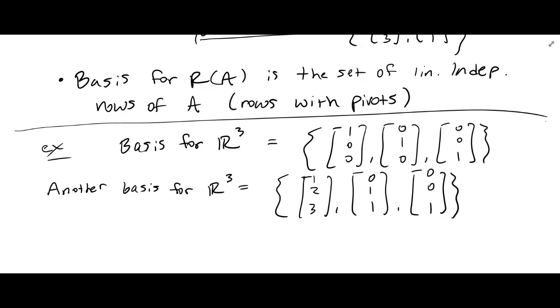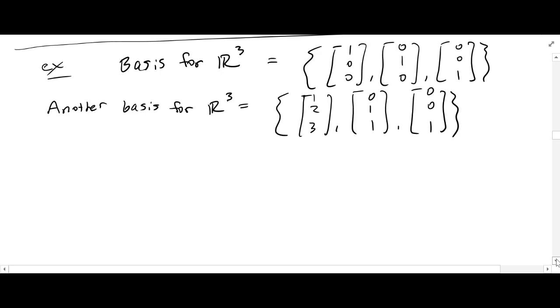But notice that in both of these situations, I had exactly 3 vectors in the basis. So that's a general fact. Any basis for a specific vector space will have the same number of vectors in it. So let me write that down. Fact.